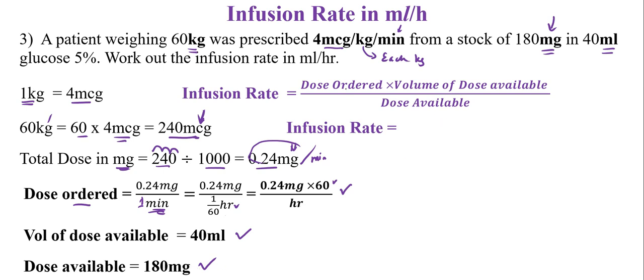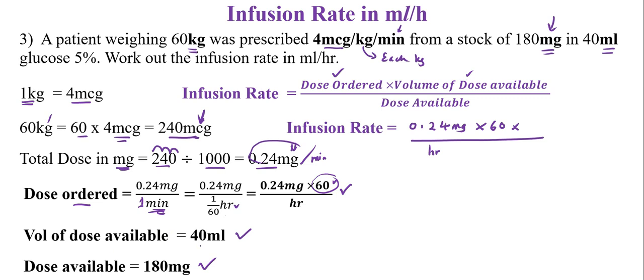So by substitution, dose ordered will be 0.24 milligrams per hour times the volume. But we have a 60 through the conversion of the minutes into hours. So our 60 is there times the volume of dose available.